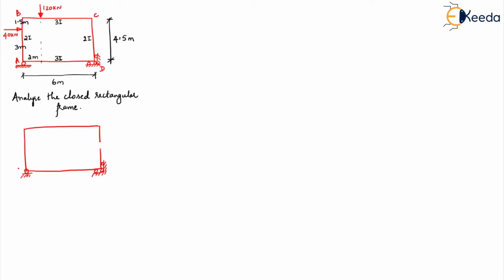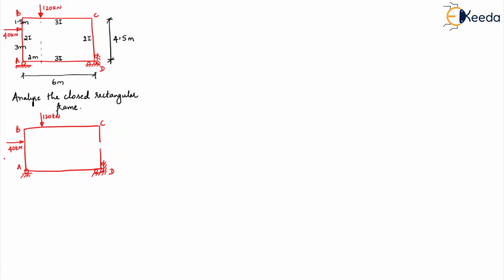Now this became a basic determinate structure of a closed frame. Understood. Now what is the loading? Loading will not change. It's 120 kilonewton, and here it is 40 kilonewton. Now what shall we do?